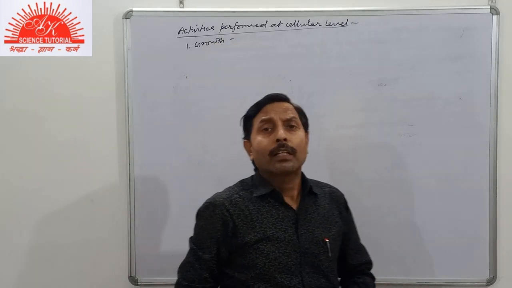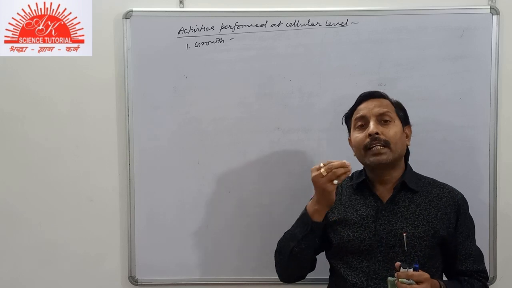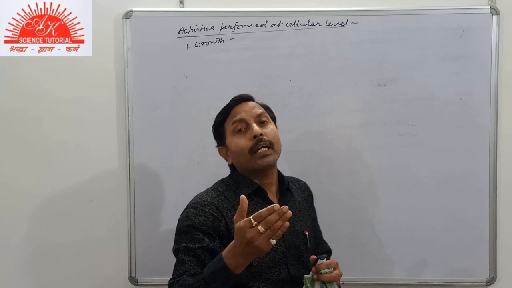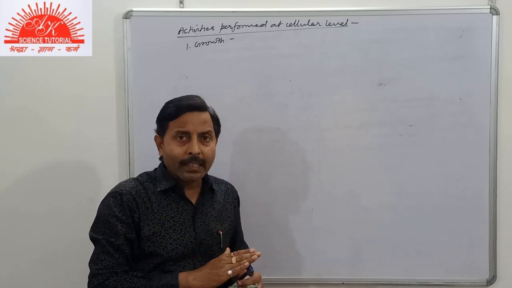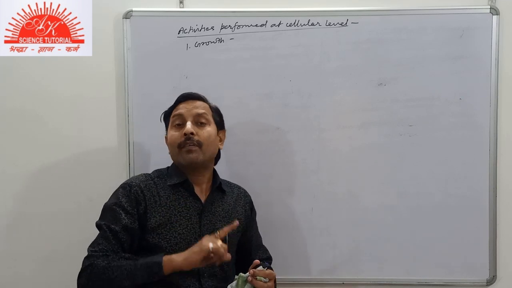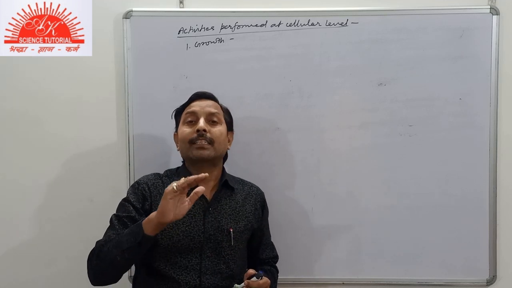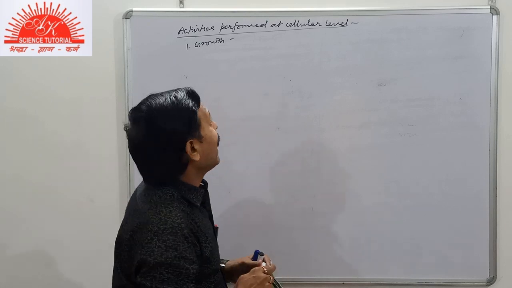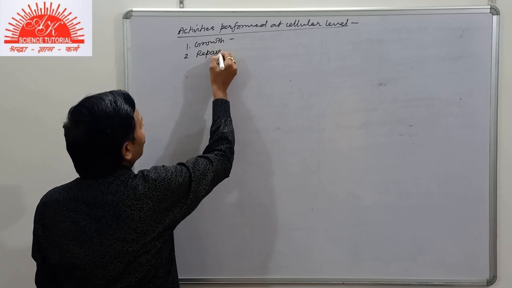As we know, the growth of an organism takes place due to increase in size and volume of the cell, as well as due to the increase in number of cells. The cells go on adding. As a result, the body size gradually increases. We have studied in cell theory that every organism starts its life from a single cell. So it is at cellular level.